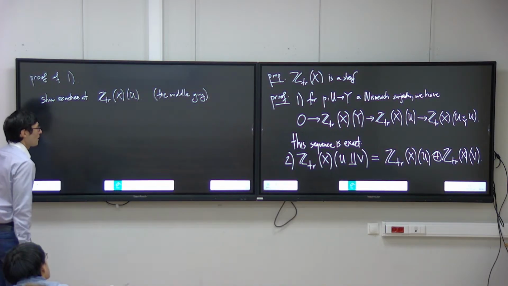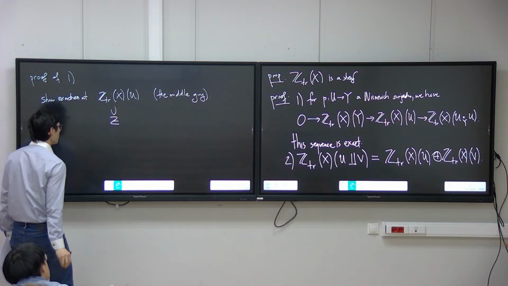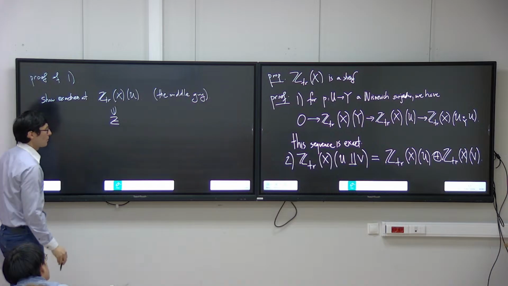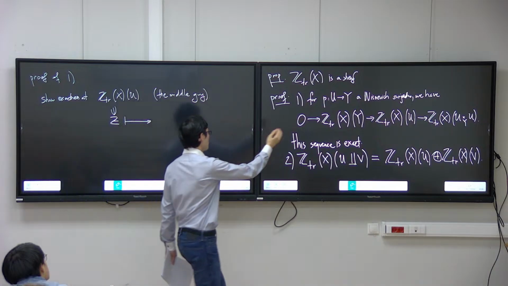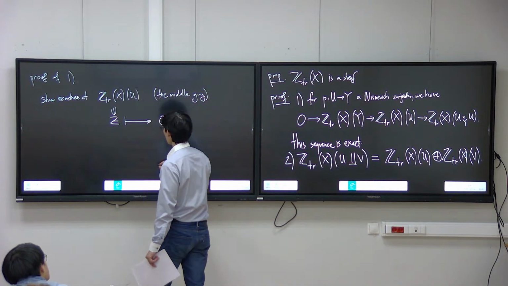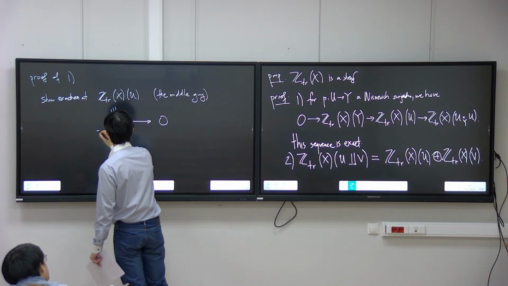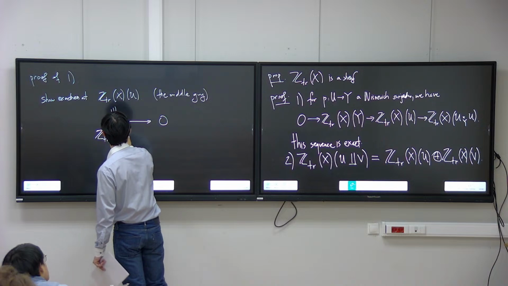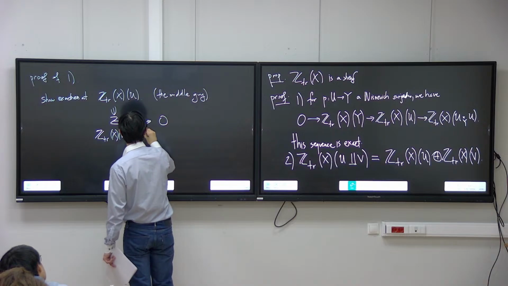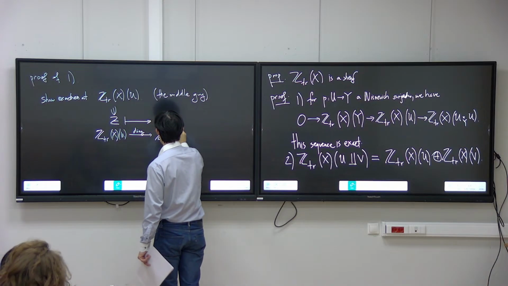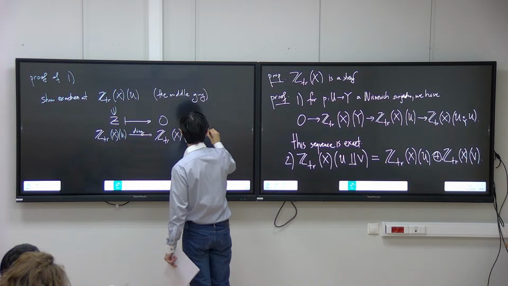Okay, so we have some correspondence here, z, and we suppose that it gets mapped to 0 via the diagonal map. This is the map going from ZTR_X of U to ZTR_X of U cross product.